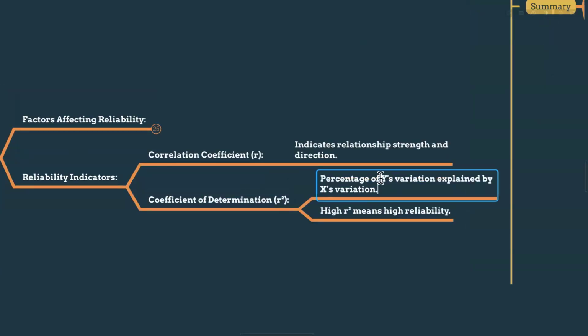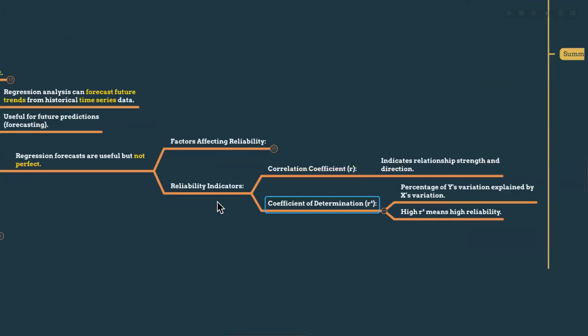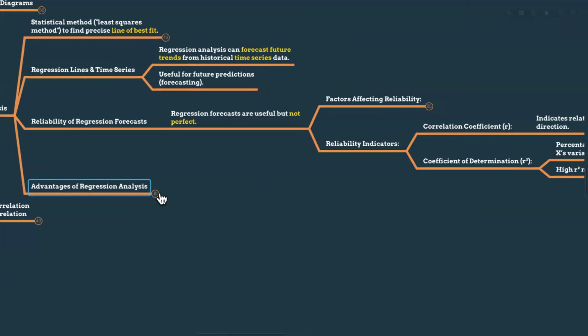It means the percentage of Y's variation explained by X's variation. If R2 comes to 0.8, then 80 percent of the change in Y is explained by the X change, and 20 percent is due to outside factors. So a high R2, a high coefficient of determination, means high reliability of our estimation. You will get to know this once we do the questions.